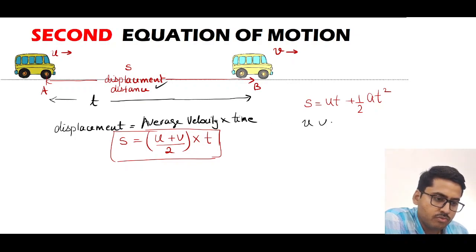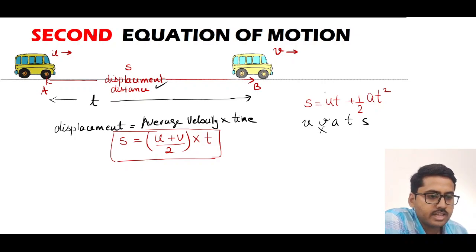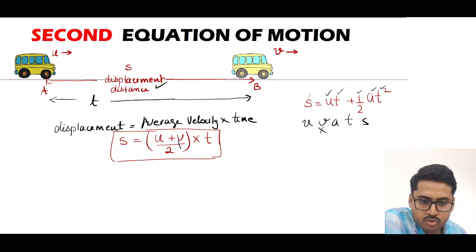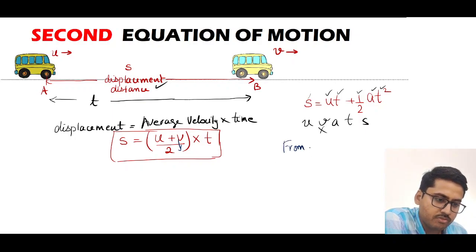Among u, v, a, t and s, you can see that v is not present in the second equation. S is present, u is present, a and t are all present, but v is not present, which means that I need to substitute the value of v. And we know from the first equation that we have derived already, v equals u plus at.